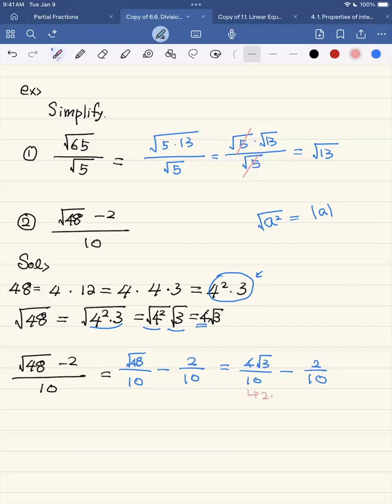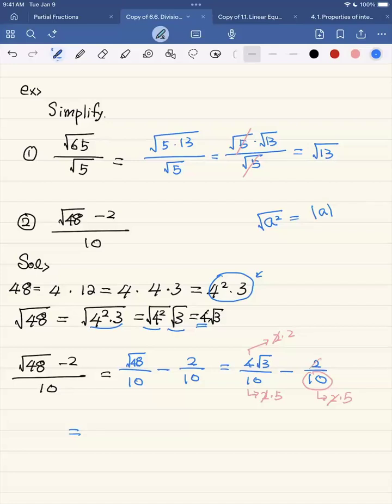10 is 2 times 5, 4 is 2 times 2, and these two numbers will cancel each other. 10 is 2 times 5, and 2 in the numerator and denominator will cancel each other.